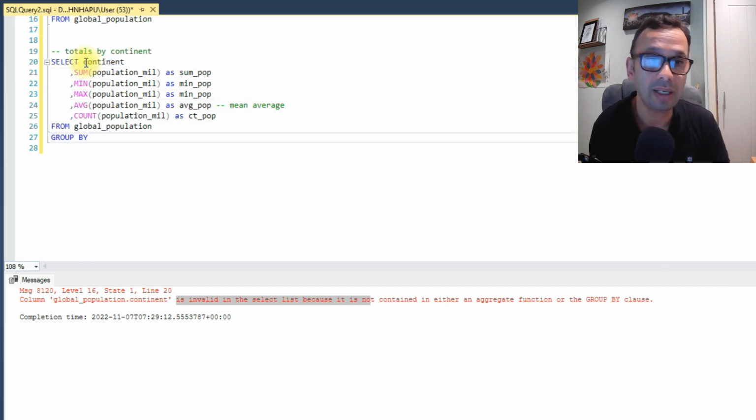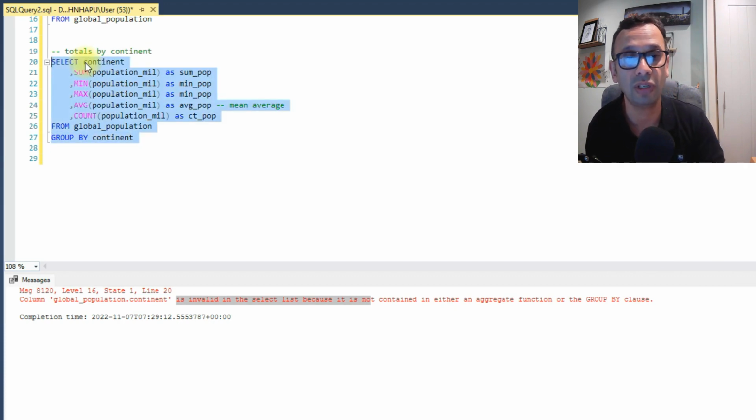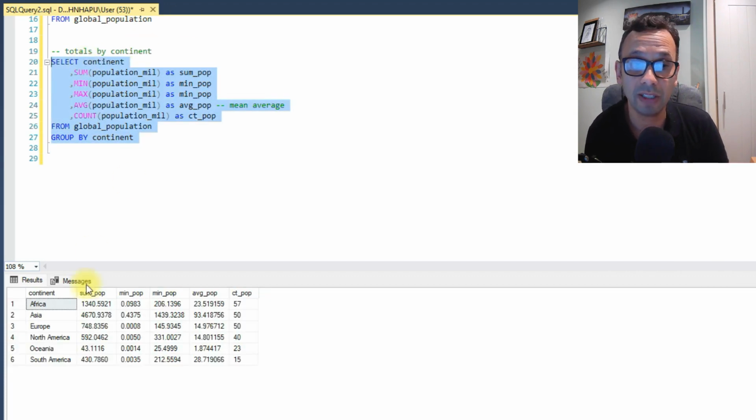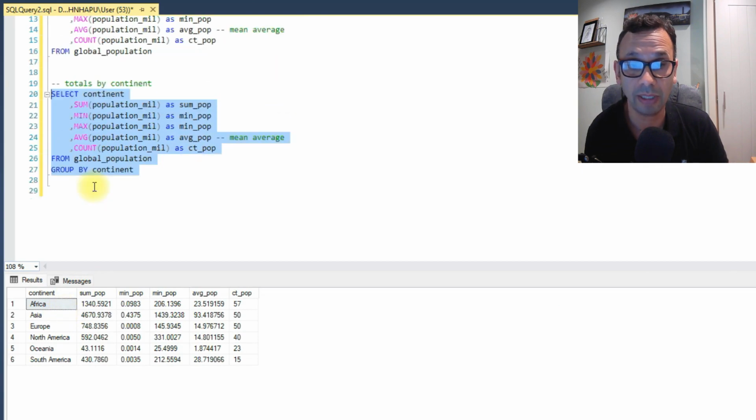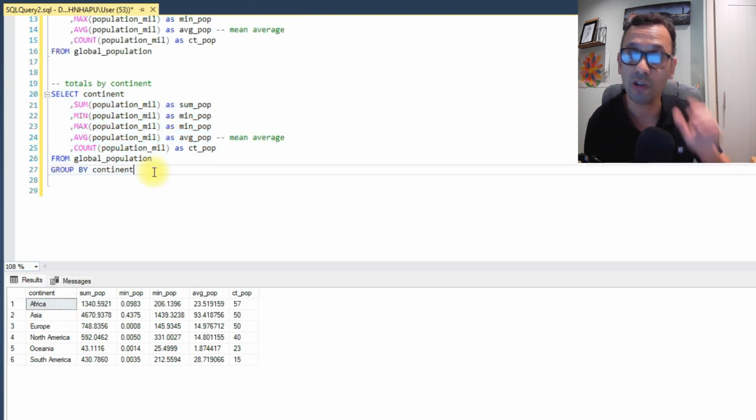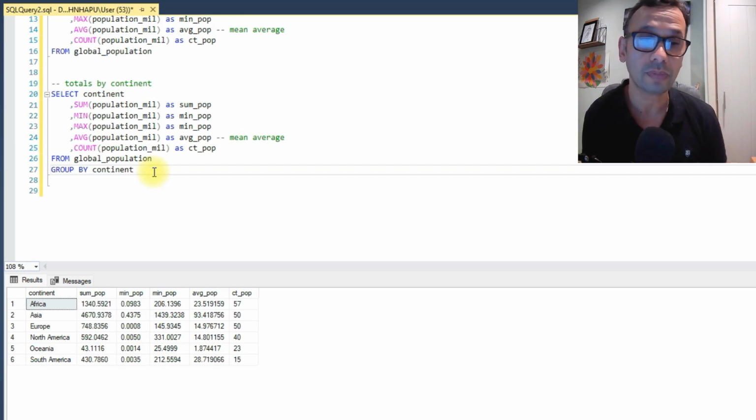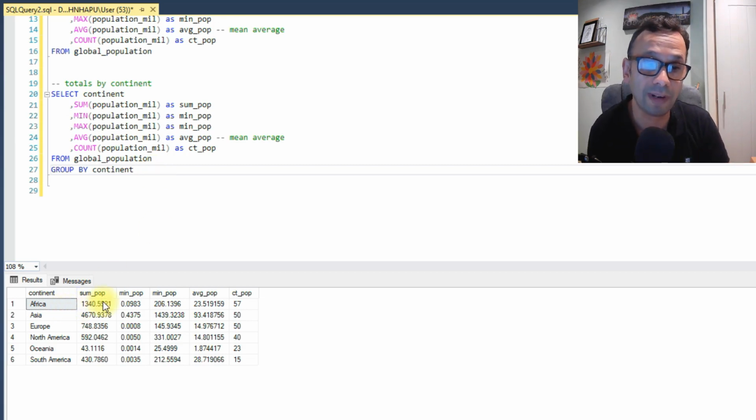Group by continent. So now when we run it, we get those same figures but split by continent. Okay. So this is where group by really comes into its own. So we get the total for Africa, the smallest amount in Africa, the minimum. Oh, I've not given those the right alias, have I?